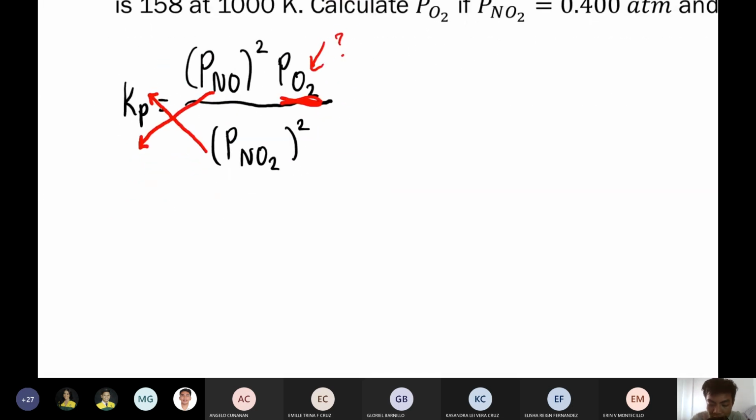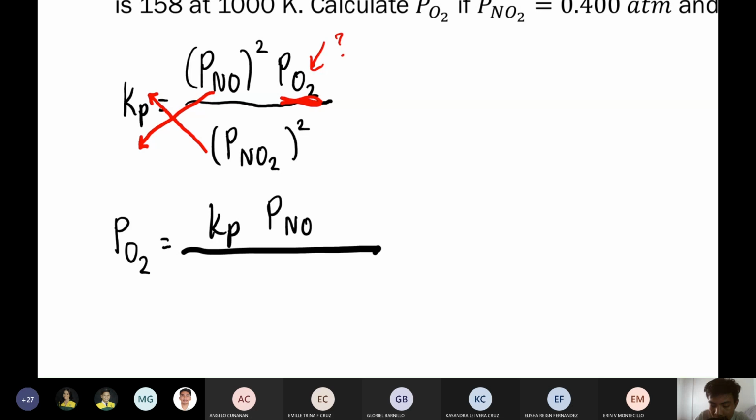Okay, so let us write the equation for the pressure of oxygen gas. Okay, so yung Kp nasa numerator, yung PNO2 mapupunta sa taas. Naka-square yan. And then, yung PNO mapupunta naman sa baba.